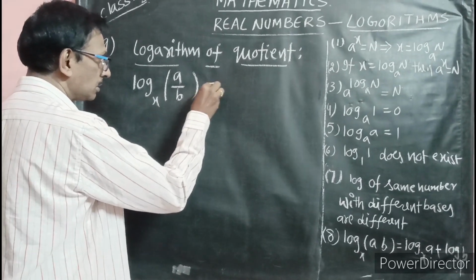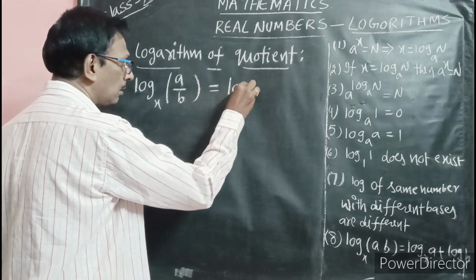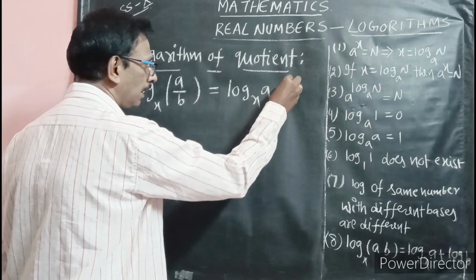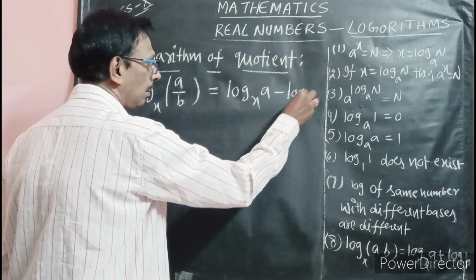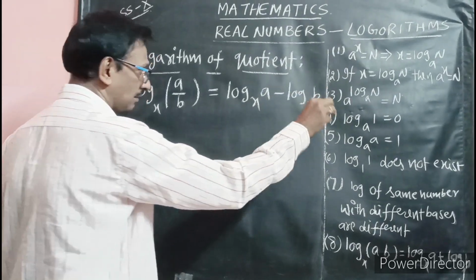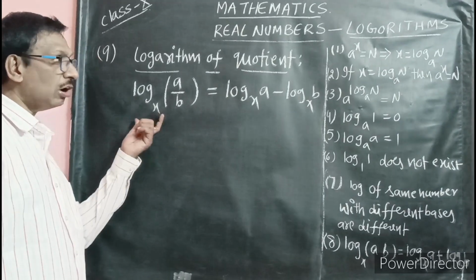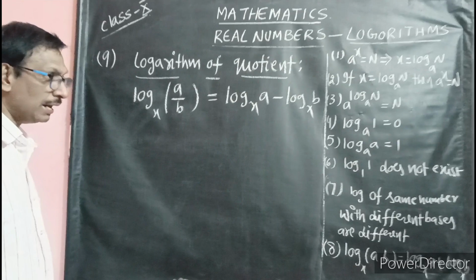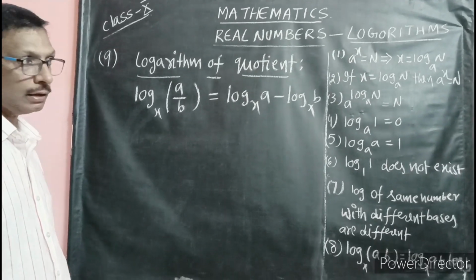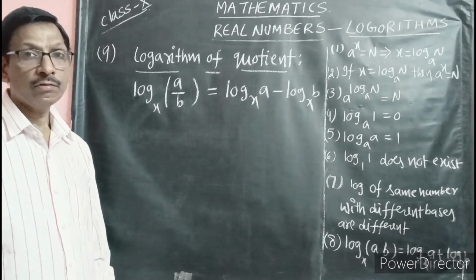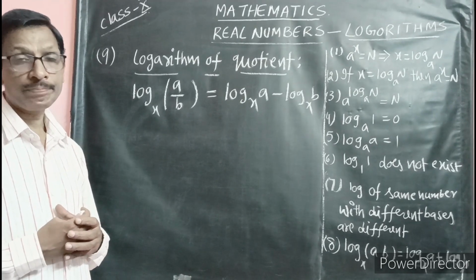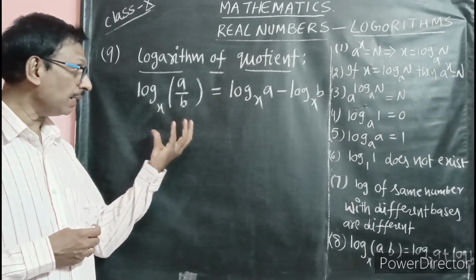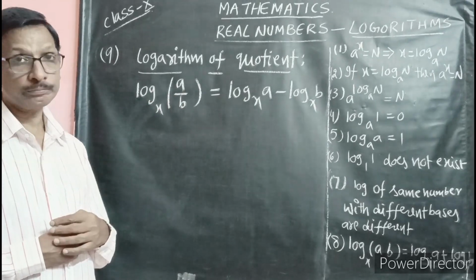We get log A to the base x minus log B to the base x. This is called the logarithm of quotient. In the same manner as the previous logarithm of products, the same procedure we continue and apply for this solution also.